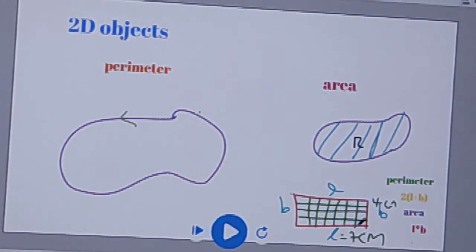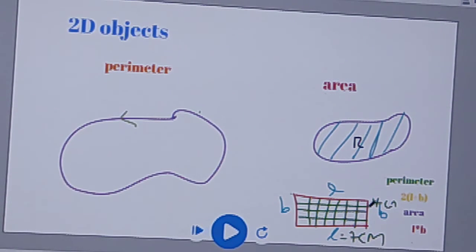So a total of 28 squares exist inside the rectangle. This total number of square units is the area.